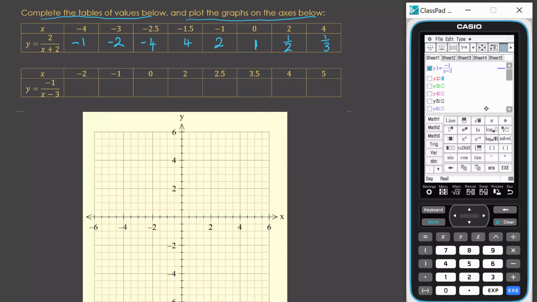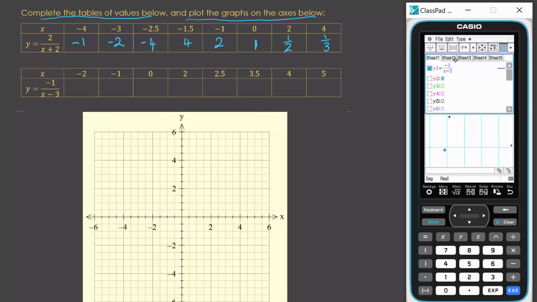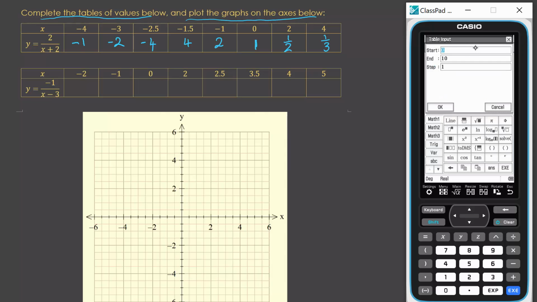And rather than graphing it, what I'm going to do is generate a table. And then I am going to start my table at -2. I'm going to end my table at 5, and I'm going to go up in steps of 0.5.